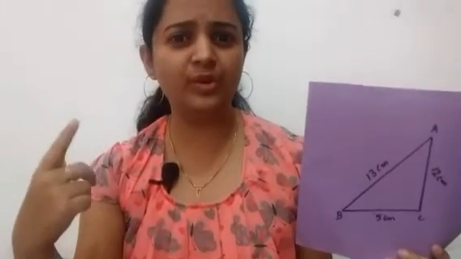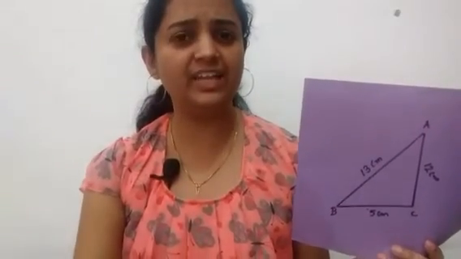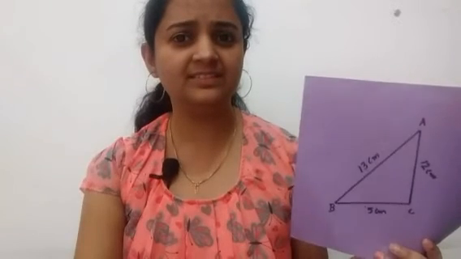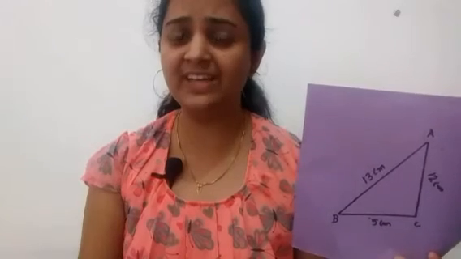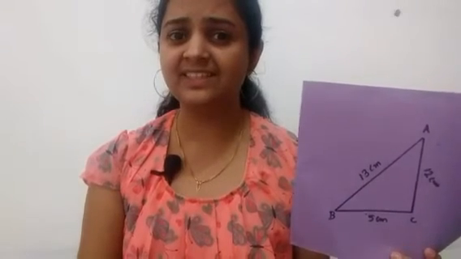Do you know any formula for finding the area of a scalene triangle? Are you interested to know the area formula for finding this? Yes, there is a formula, okay? And that formula is called Heron's formula. What is it? Heron's formula.